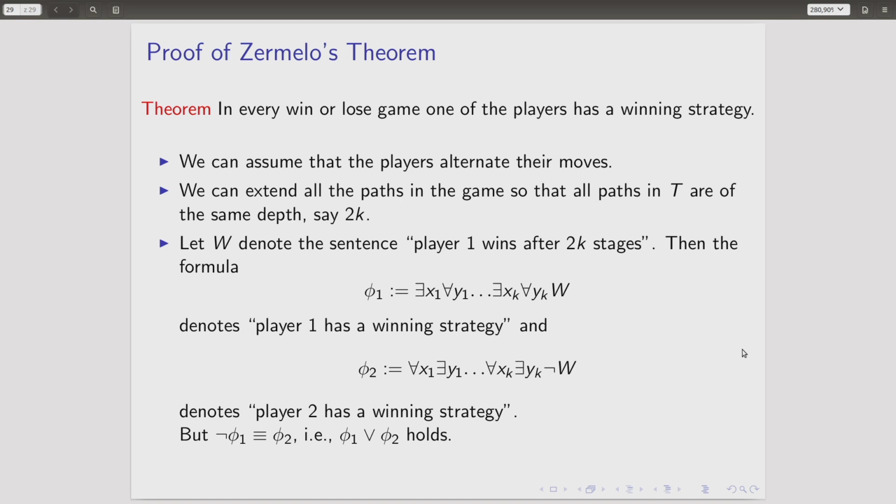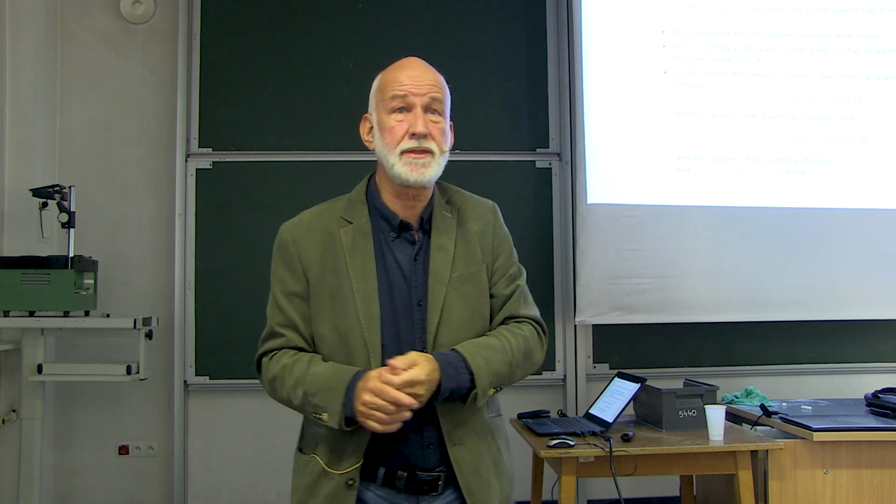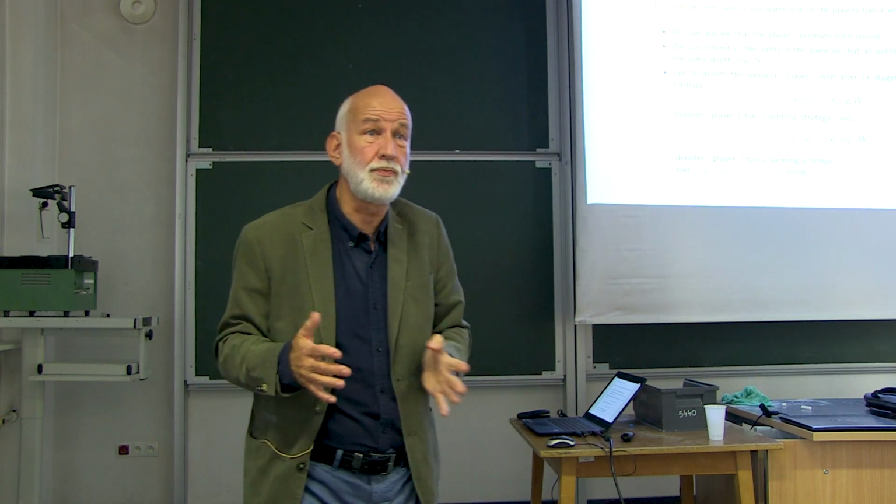So we have one sentence, phi 1, which says that player 1 has a winning strategy, and phi 2 is the statement that player 2 has a winning strategy. And you can check that the disjunction is always true. So as a result, either player 1 or player 2 has a winning strategy, and that's the whole proof.